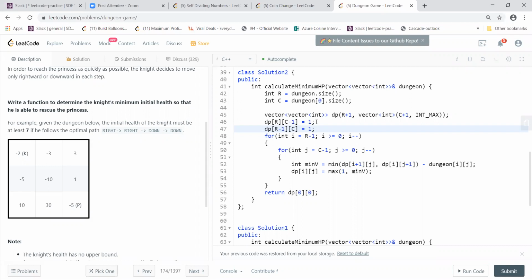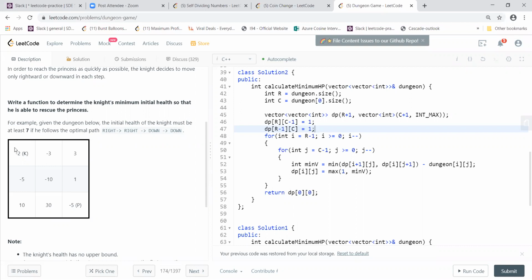Then when I looked at the solutions, these people have explained it the same way. And I think it makes more sense, because in order to calculate any value, I first have to get the value where the princess is, because the bottom right value will be a building block for me to get the other values, the base value I need to get.